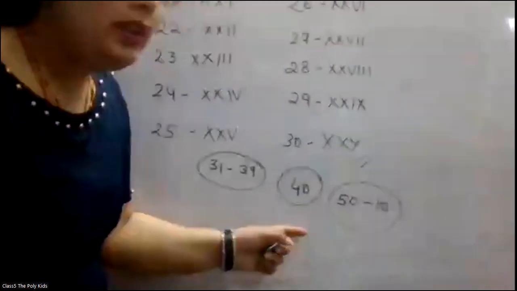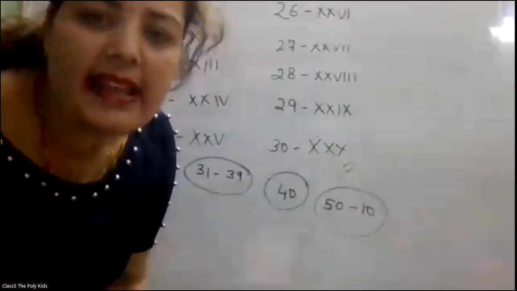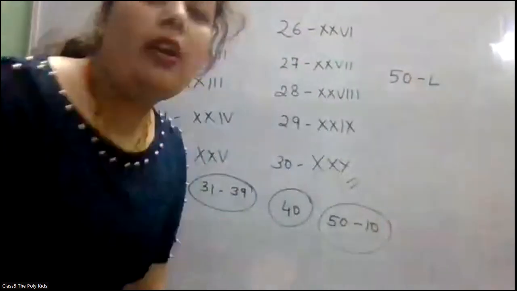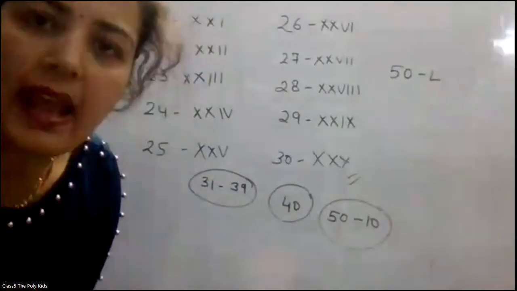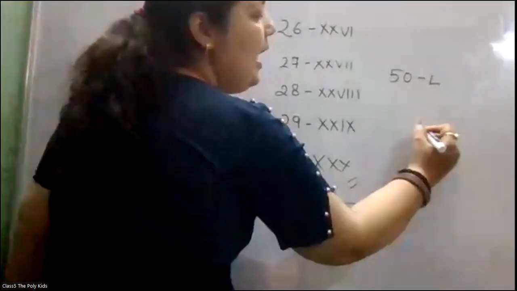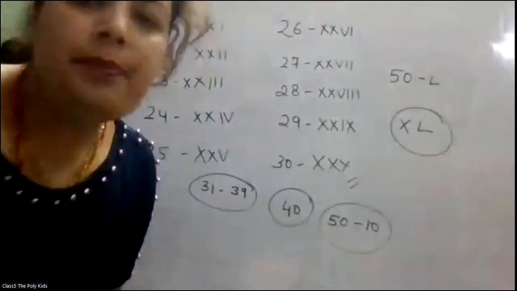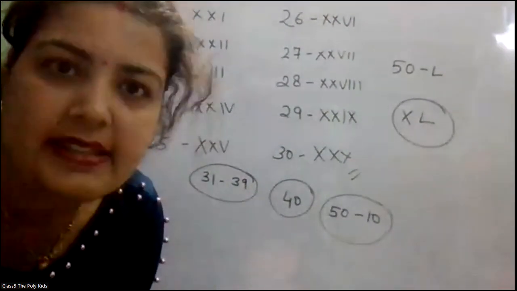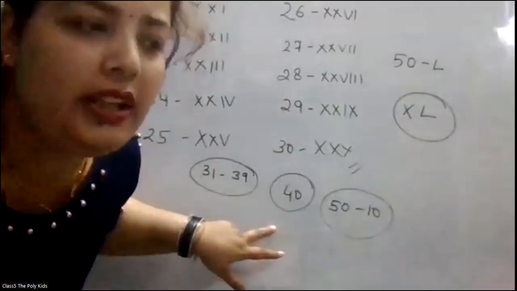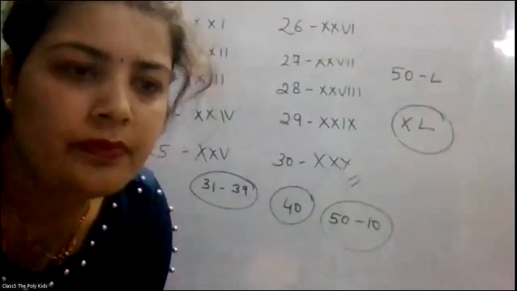Yes, it is XL because 50 means L. The meaning of 50 is L. So 50 minus 10, X in front of L, is XL. 50 minus 10 is 40. It will be 40, XL.